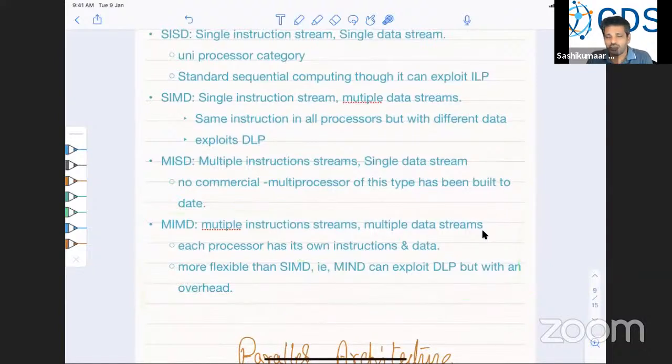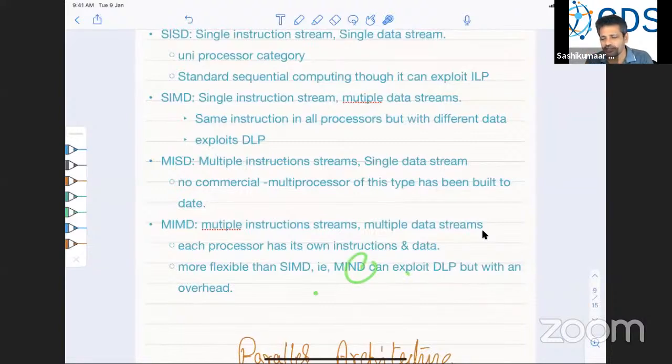Of course, each processor has its own instructions and data, and it is more flexible than single instruction, multiple data. In MIMD, each one can have a different instruction, but this type of machine can also take the same instruction on each processor and do the computing with different data.